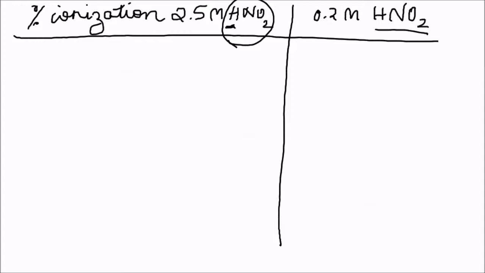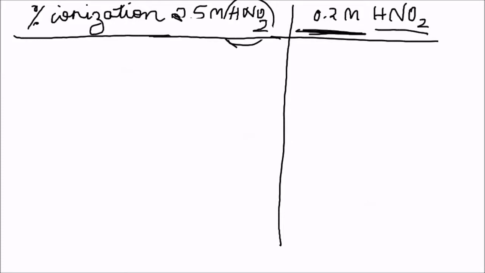Let's actually prove this point by looking at this comparison. What I want you to do is determine the percentage ionization of a 2.5 molar concentration of HNO2, and compare that to 0.2 molar HNO2.